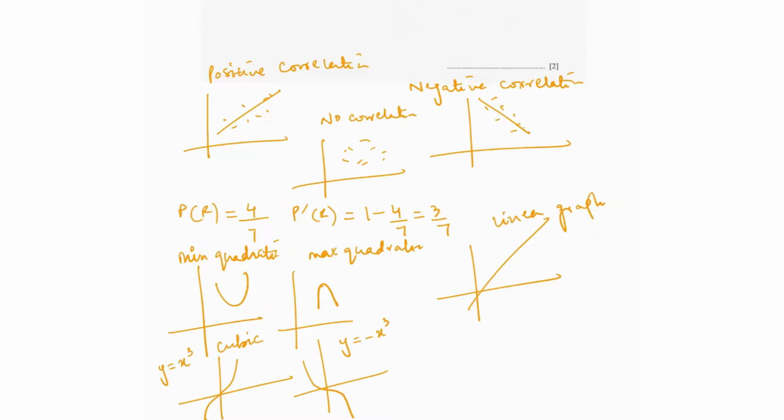Apart from that, I've already talked about your sine, cos, and tan graphs in a separate video, which you can check out from the playlist for all topics for IGCSE. The reciprocal one, yes. This is your reciprocal graph.